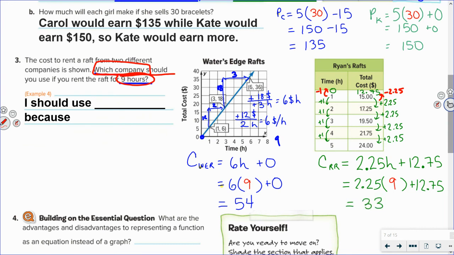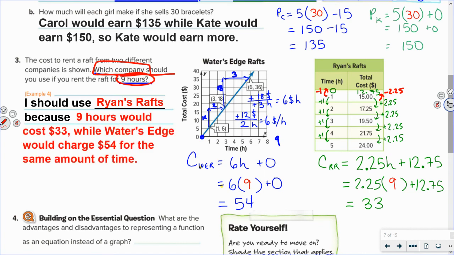Wow. So if I'm going to answer, I would personally choose Ryan's rafts. If they both are 9 hours, Ryan's rafts would cost $33, while Water's Edge would charge $54 for the same amount of time. If you want to go the extra mile, you could even say that would be $21 more.